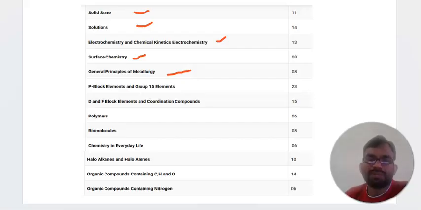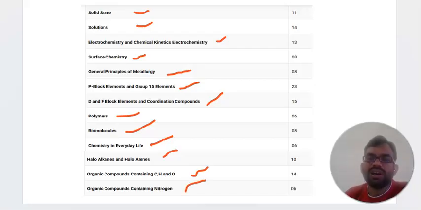Next is the P block elements and group 15 elements, then D and F block elements and coordination compounds, and then polymer chemistry, which is very important. Next are biomolecules, chemistry in everyday life, haloalkanes and haloarenes, organic compounds containing carbon, hydrogen and oxygen, and organic compounds containing nitrogen.